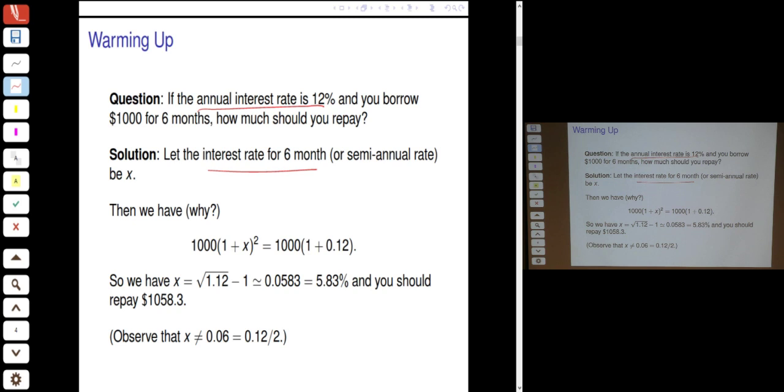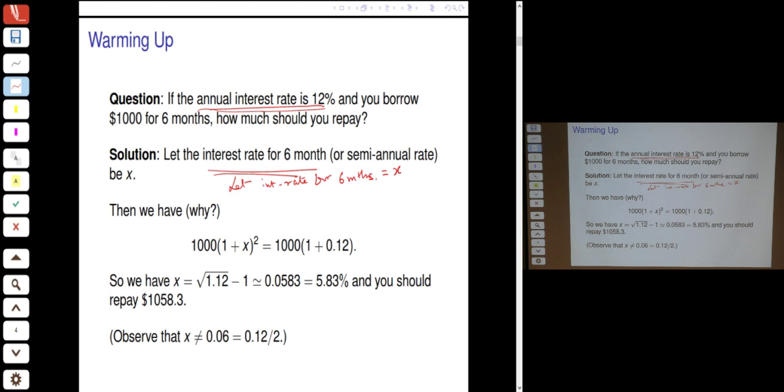So in order to calculate the interest rate for 6 months from the annual interest rate, you again use the same core idea of compound interests. So, let the interest rate for 6 months be x. Here x is a fraction. So x is not expressed in percentage, but as a fraction.